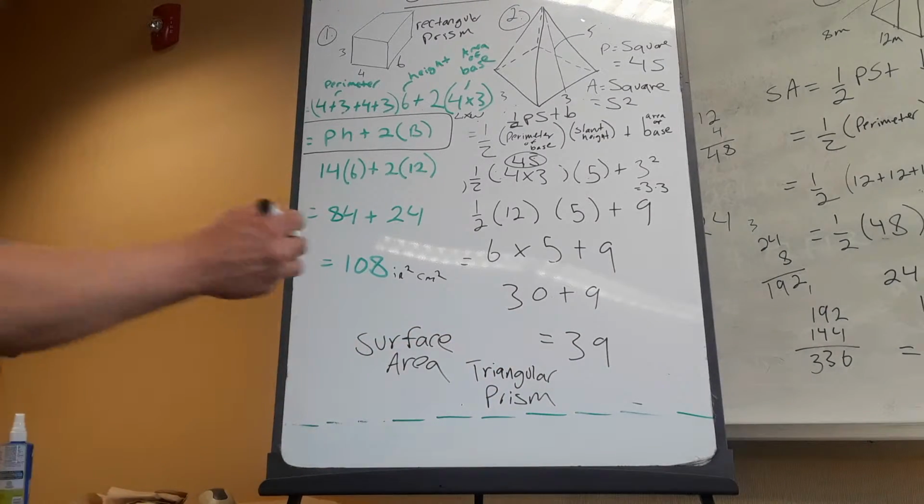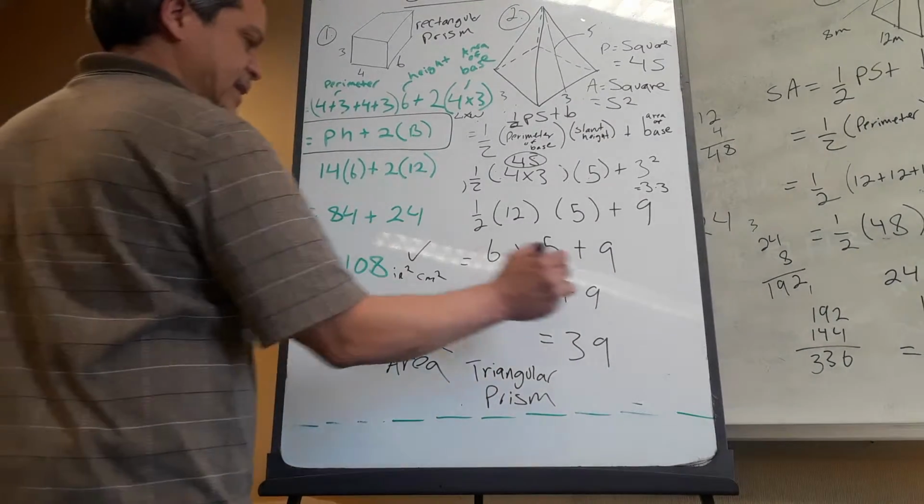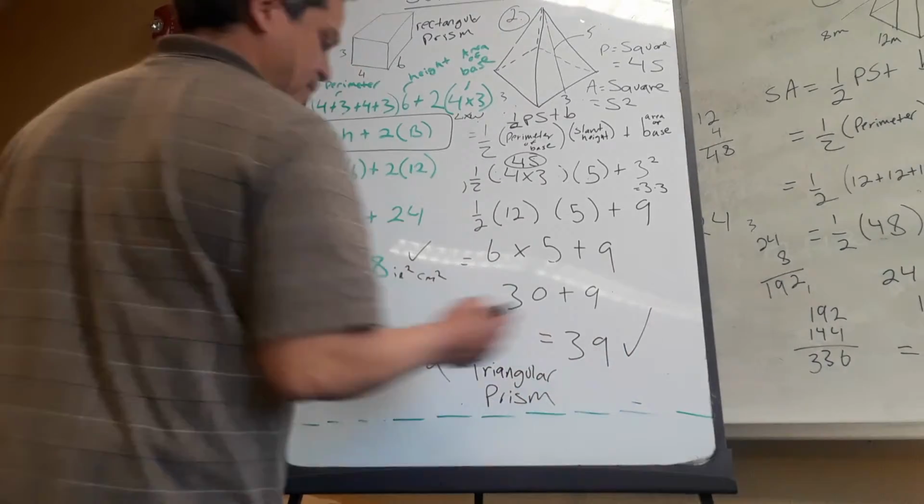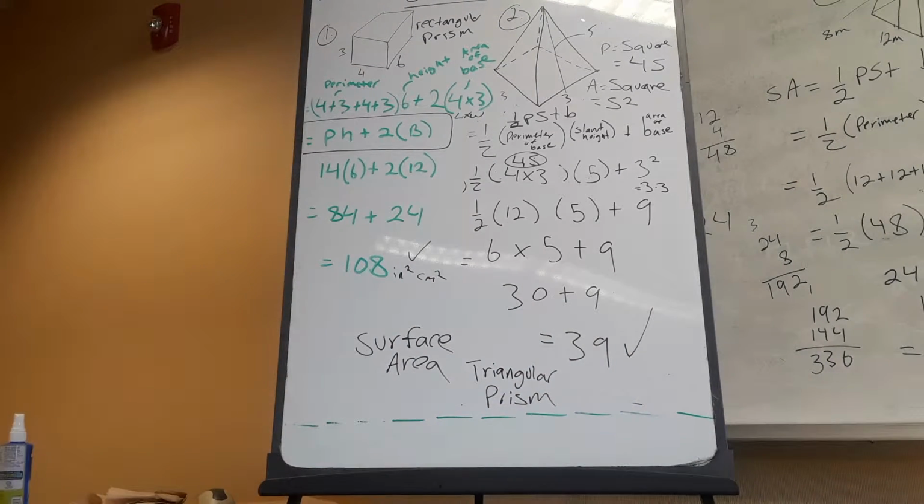Okay, and these two have been checked in the book, and they're both correct. The good thing about a video is that you can always go back and look again and see where I came up with the numbers and so forth.